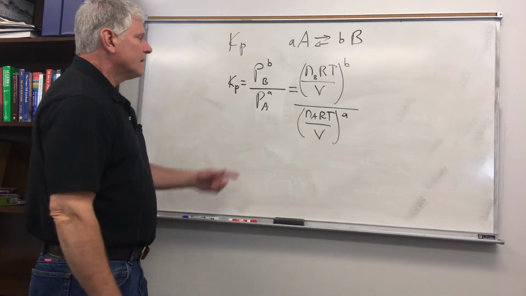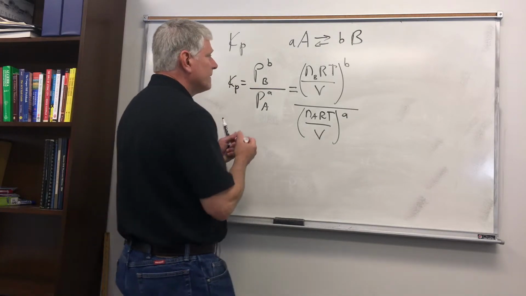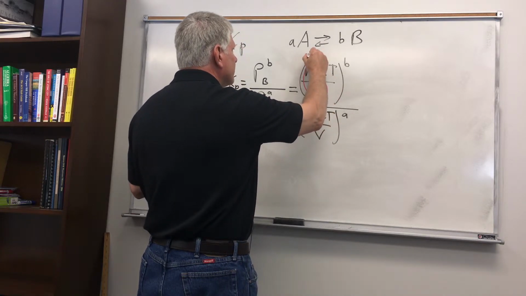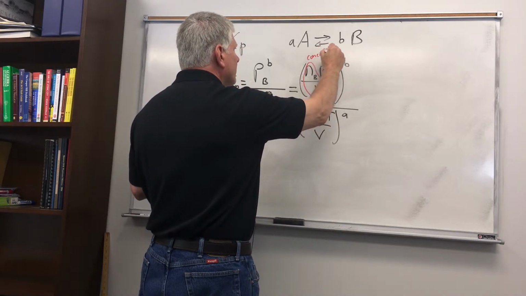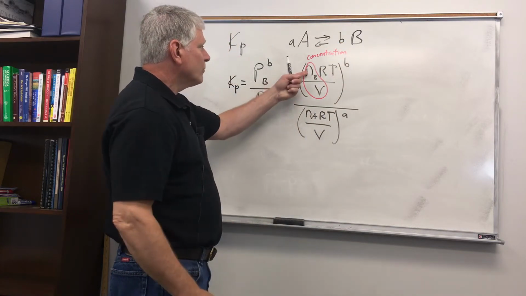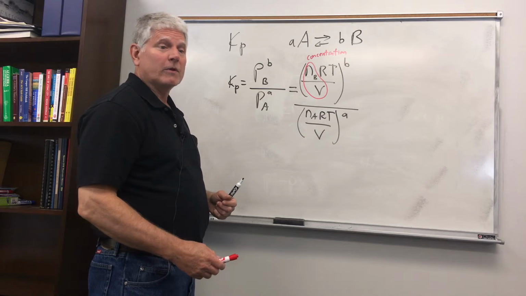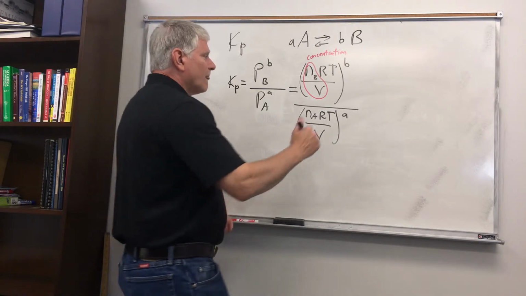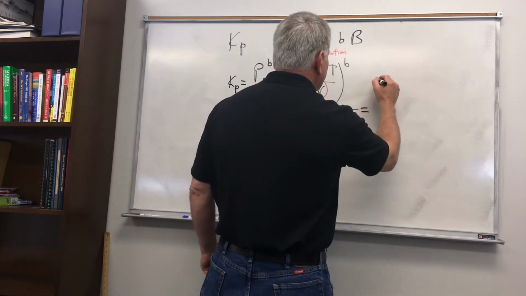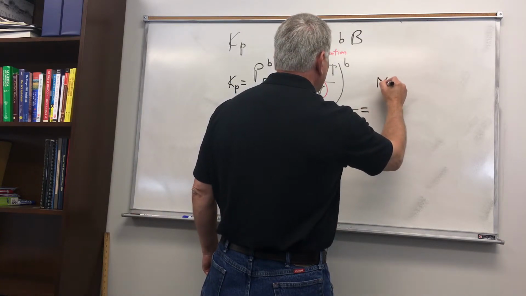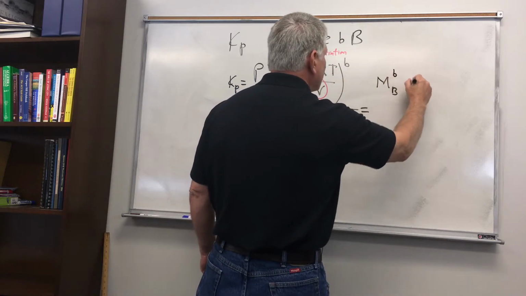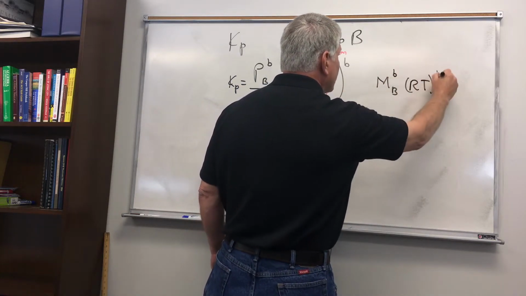And then I'll notice that n over V is concentration. It has units of moles per liter, so that's molarity. So I can write the molarity of B raised to the B power times RT to the B power.